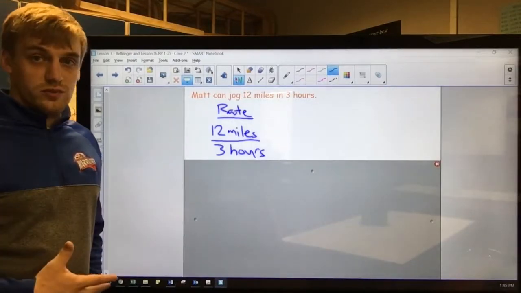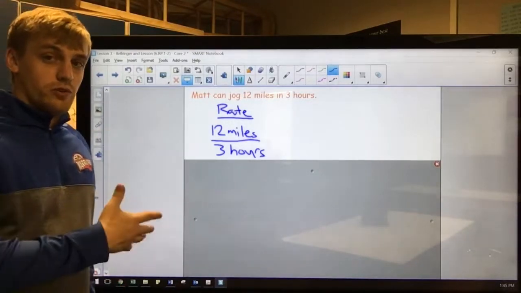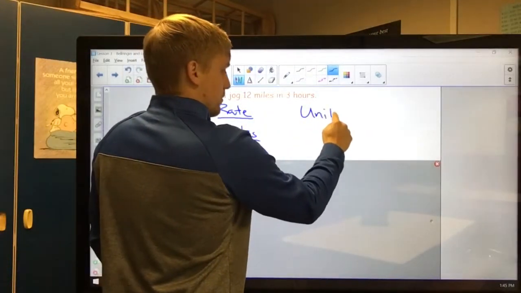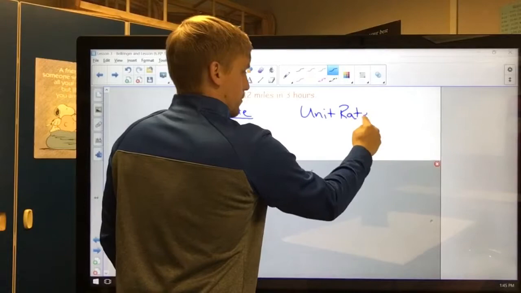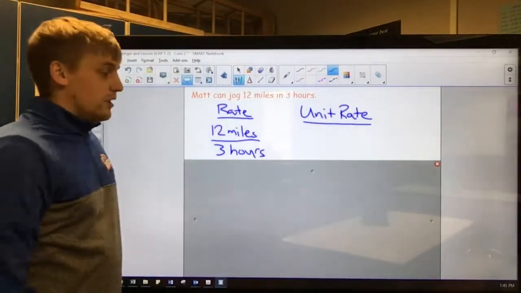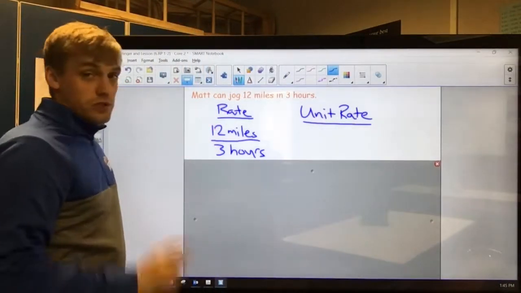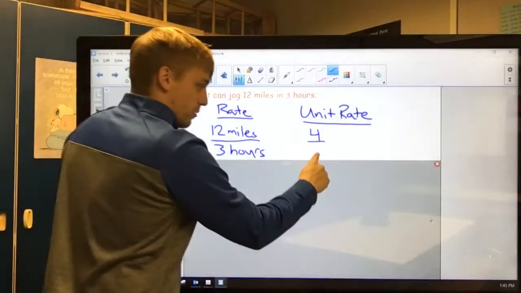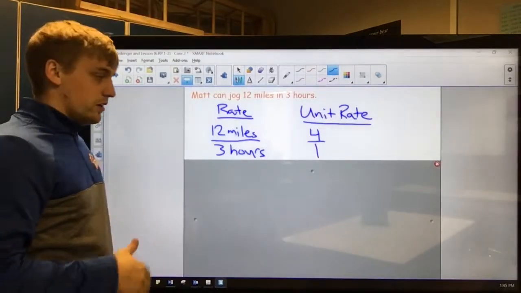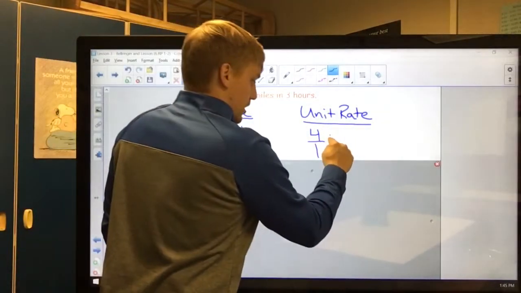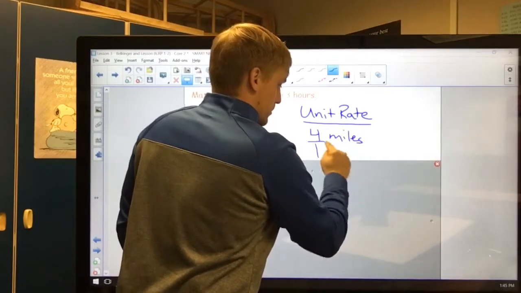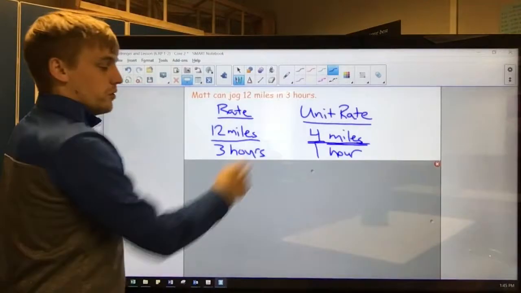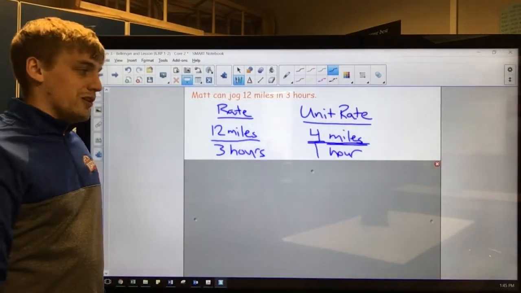And you're going to have to write this when we practice, so we've got to make sure that you can write it correctly. The unit rate is when we take 12 divided by 3, which is 4. The reason we just divide is because that gets a 1 in the bottom, or in the denominator. And our label stays the same, miles per hour. So our unit rate is 4 miles per hour.